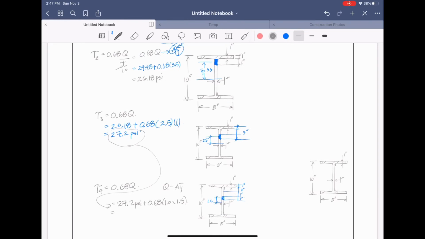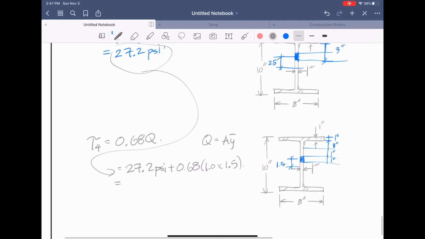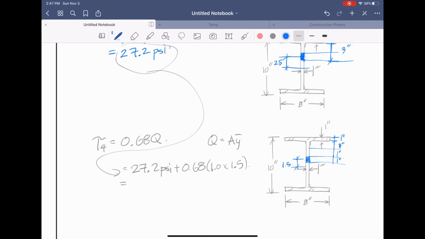It's pretty minimal in terms of the increase. It's 0.68, 1.0. So I think two-ish is what we would be getting.